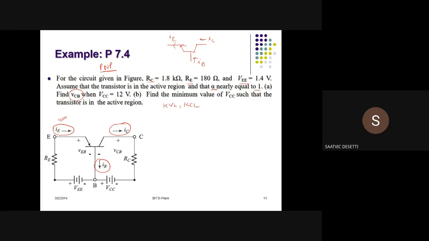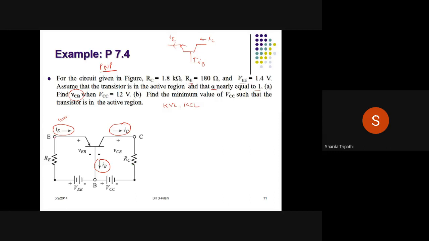Collector base junction. Okay, so that we will talk later when we will discuss the transistors working in saturation, where both the junctions are forward biased. We will talk about the direction of current then. Just do not confuse right now. We are talking about the operation of the transistors in active region. Okay, I'll get back to this point when we discuss it over there.